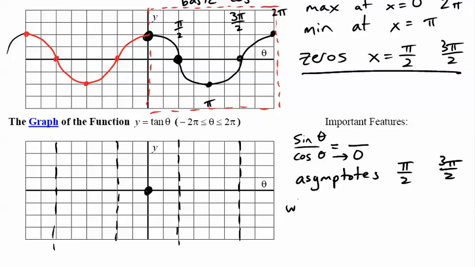And when sine is 0, when the top is 0, then tan will also be 0. So tangent zeros happen when the sine function is 0 at 0, pi, 2 pi. And tangent has this really weird, almost like a cubic function sort of shape.